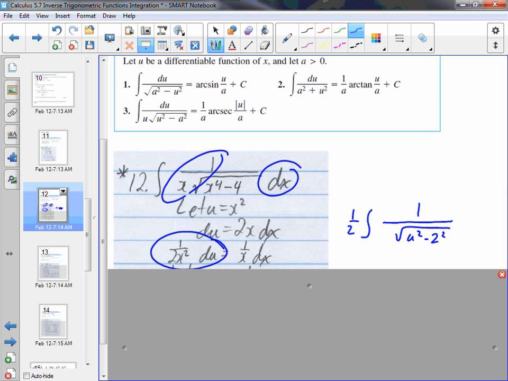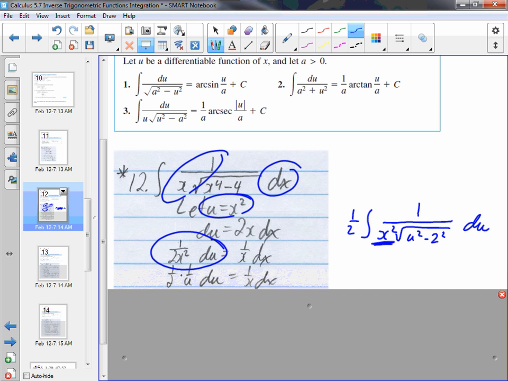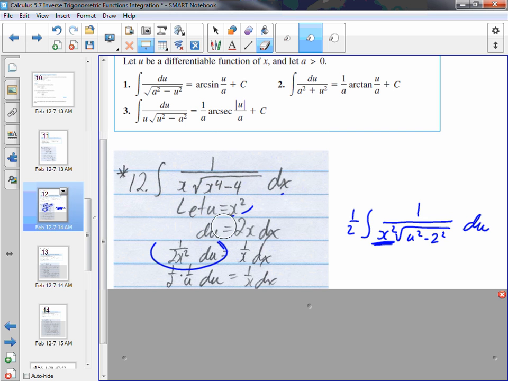I can do a that, but I can't do a that. Can I? But wait. What's that equal? Equals u, doesn't it? All right, so that 1 over 2x squared du, think of that as 1 over 2u, or as 1/2 times 1 over u du.